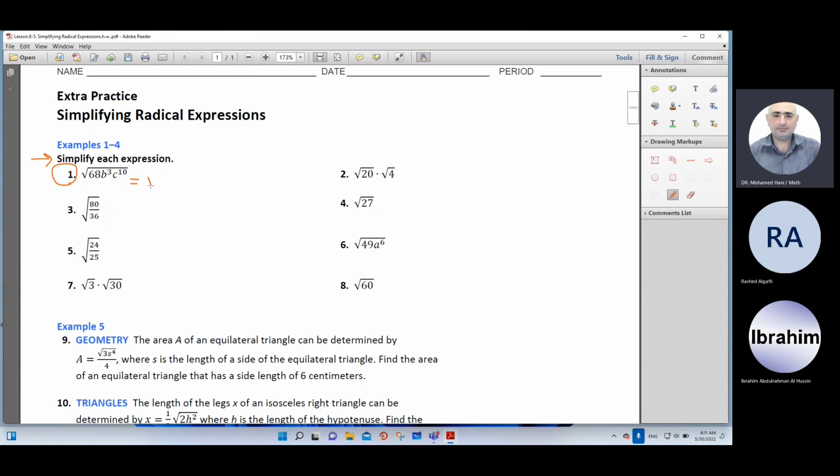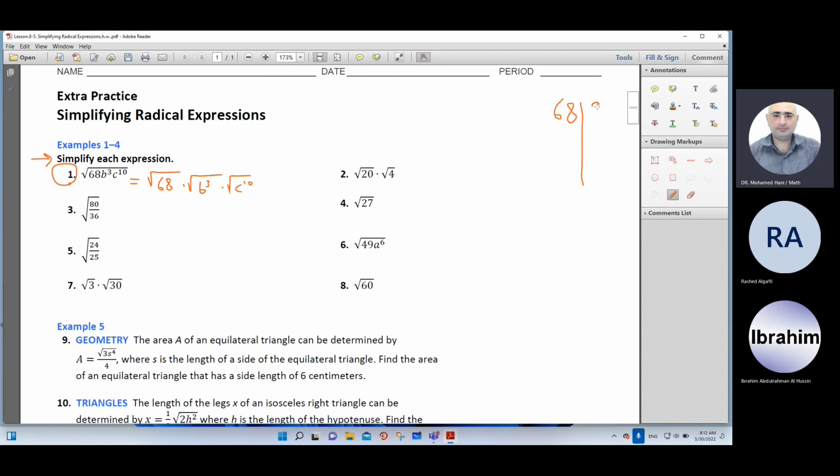We can write here the square root of 68 times the square root of b cubed times the square root of c exponent 10. How to simplify the root of any number? Take this number and try to write the prime factors of this number. So do the analysis.